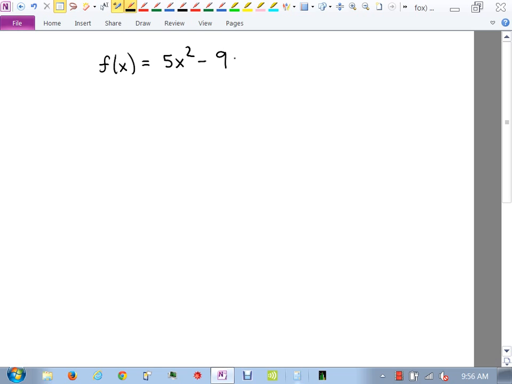Let me add something to this. Make it 9x plus 2. I mean, if I hadn't added the x plus 2, it would still have been a polynomial. But I want you to look at this. Does this have x's to powers? Are those powers integers? 2 is a non-negative integer, right? And then, of course, that's a 1 right here. So that's a non-negative integer.